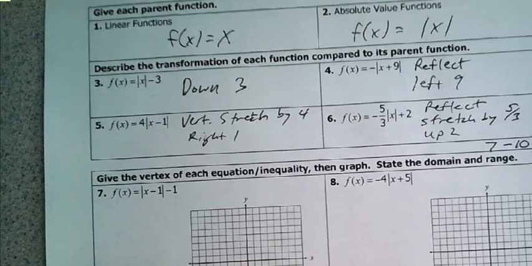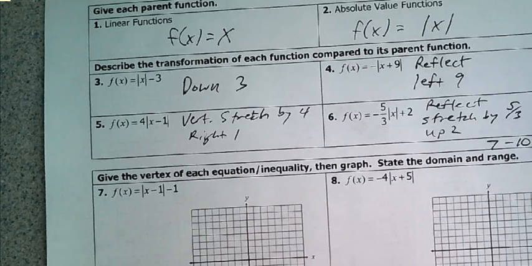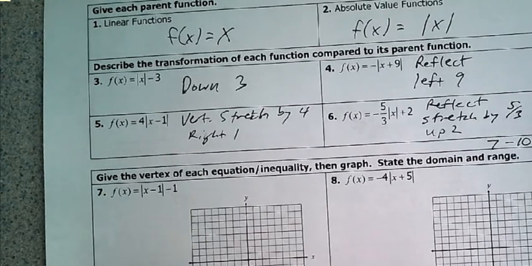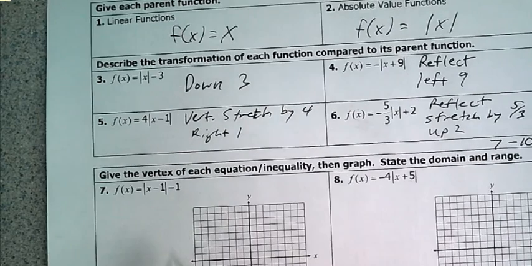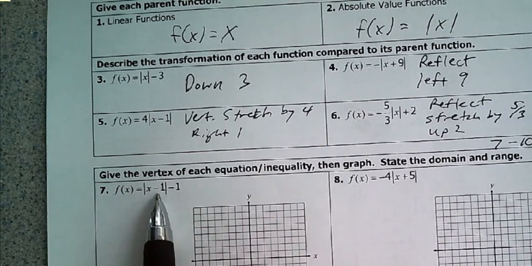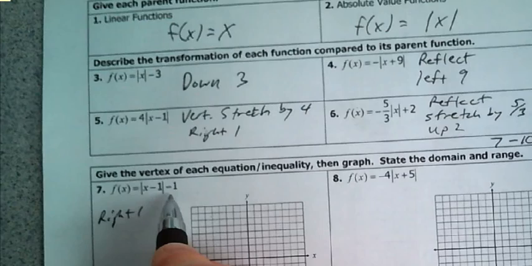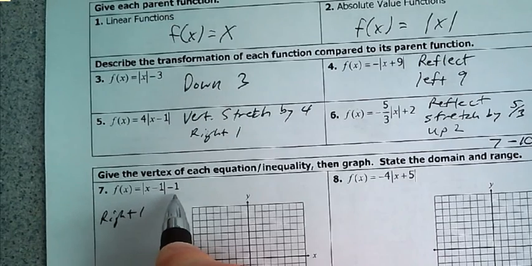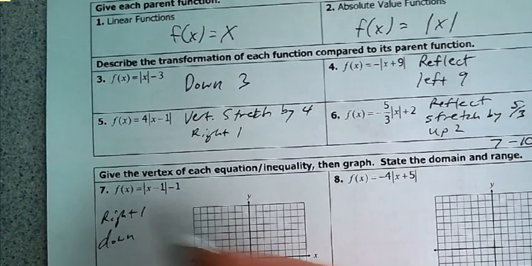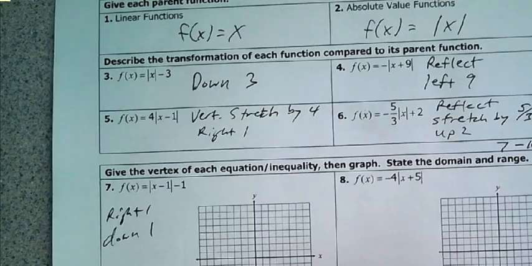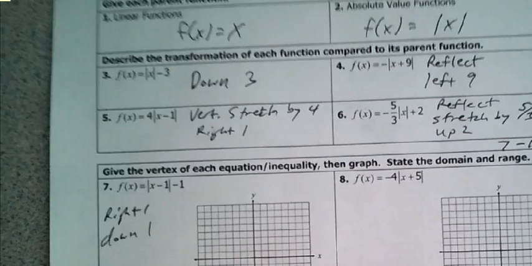All you're going to do is tell me, or tell yourself, what the shifts and transformations are, just like what we just did. So, this says right 1, and then the other -1 is down 1. You're going to do that for each one of those, and then we're going to come back and check it. So, I'm going to pause the video and let you do that.